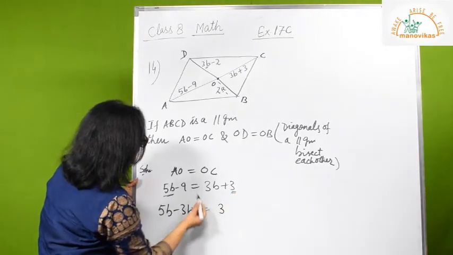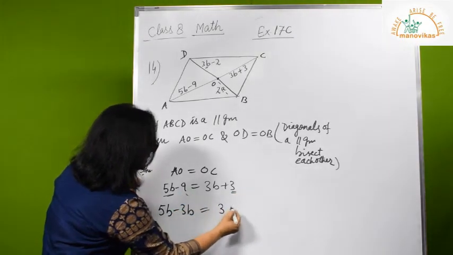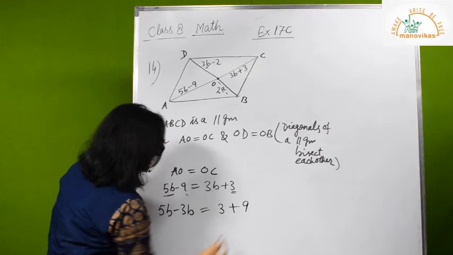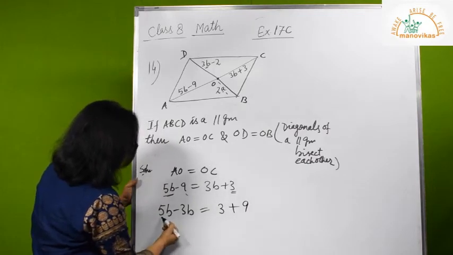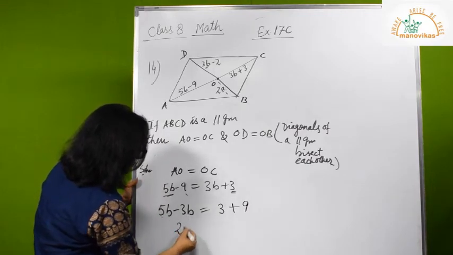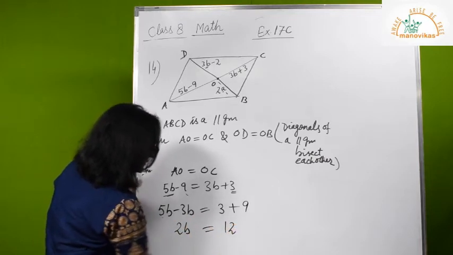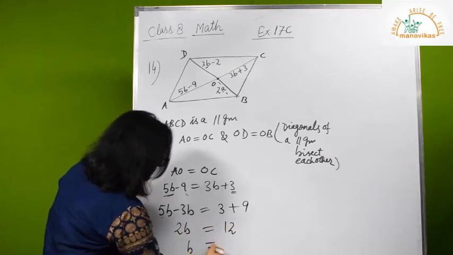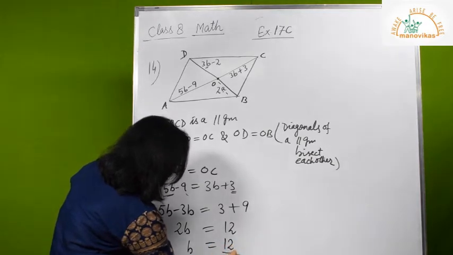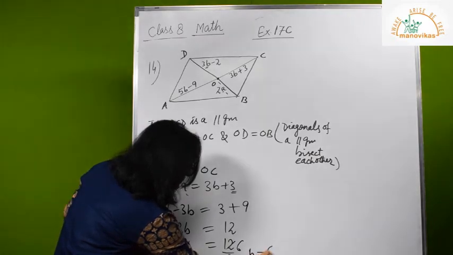So 3 will be fixed here. Now you will shift this 9. 9 will go as positive. Now you can subtract 5 minus 3, 2B. And this is equal to 12. So B is equal to 12 upon 2. You can simplify. So you have got B is equal to 6.